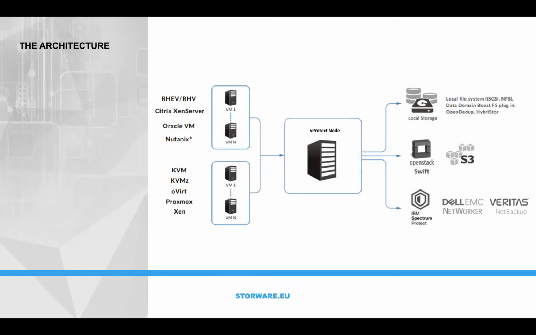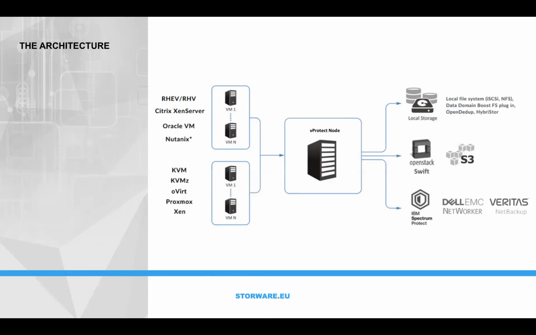You can choose a VTL such as Data Domain, HPE StoreOnce, or any other open source deduplication appliances, which can share storage via NFS or iSCSI. You can go directly to the cloud. We have OpenStack Swift connectors, AWS S3 connectors, and what we call enterprise backup providers.